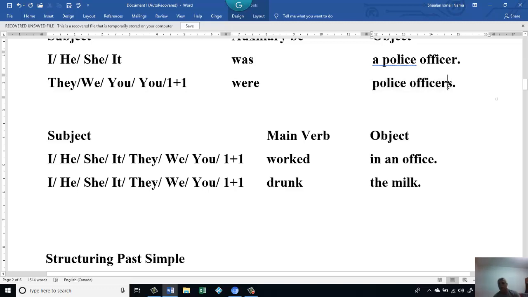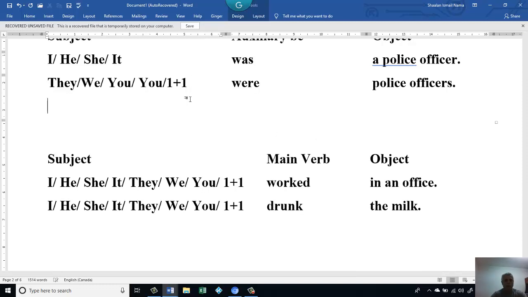Here we have to put s if we use any of those, except when you use you as a singular. For example, for a singular person, when you talk to him or to her, you could say were.